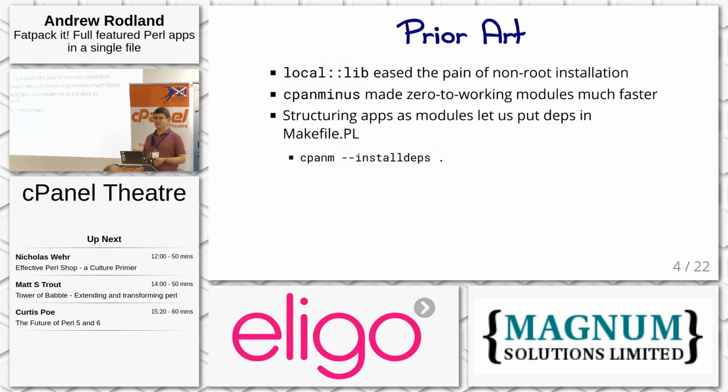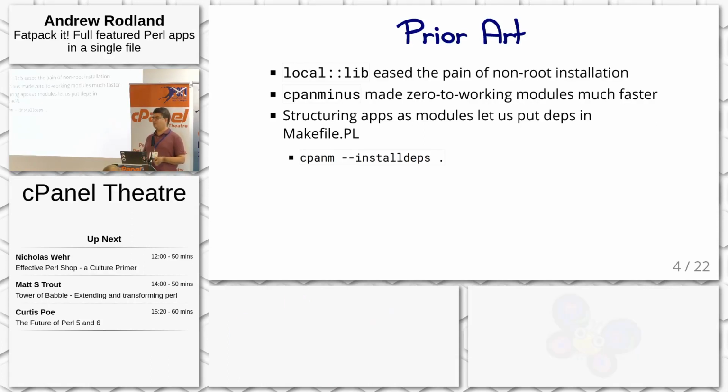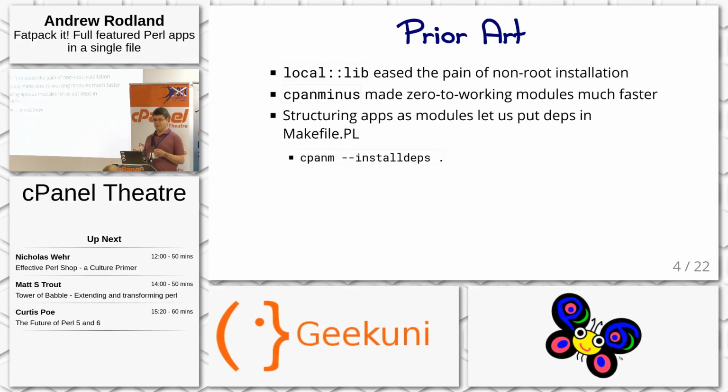The practice of bundling an application as a module distribution also made things easier because if you have a distribution, you have a Makefile.PL, you can declare your dependencies, you can say cpanm --installdeps, or cpanm the module itself off of CPAN, or download the thing, do cpanm --installdeps, let it install everything that your module needs, and that makes things easier as well.